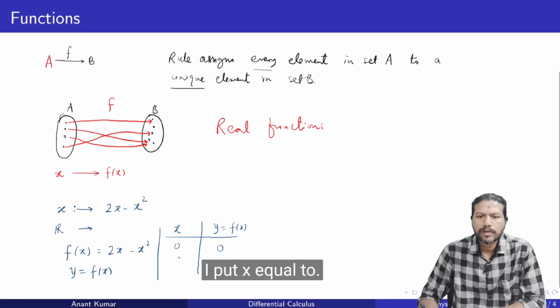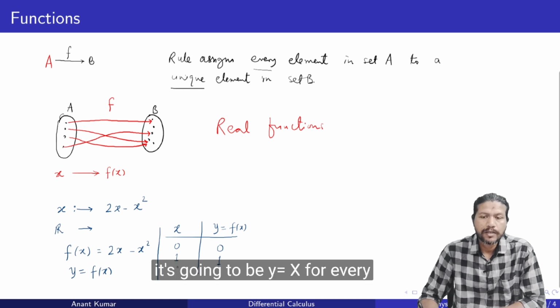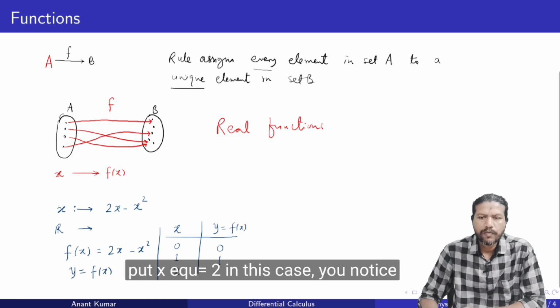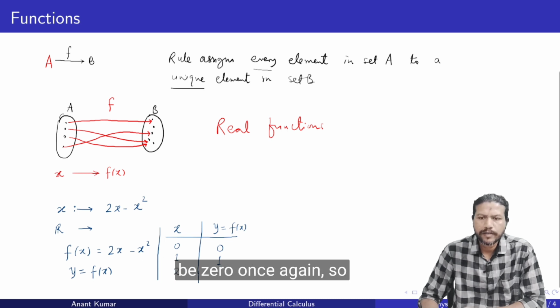If I put x equal to 1, for instance, then y is also becoming 1. Well, that doesn't mean that it's going to be y equal to x for every x, by the way. Because if I put x equal to 2 in this case, the value of f(x) turns out to be 0 once again.